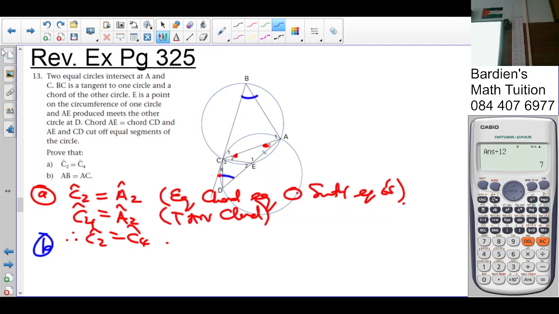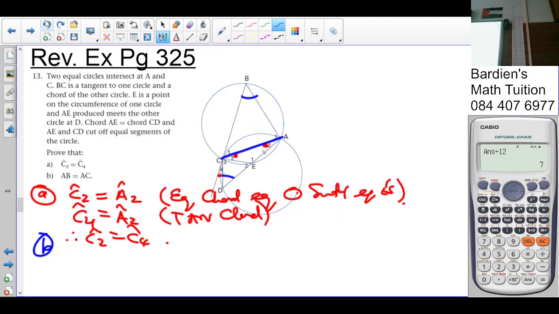Oh, I see. Thank you. You see here, this line AC subtends angle B, and that same line subtends angle D. Since it's equal circles subtending angles in the major segment, that angles has to be equal.